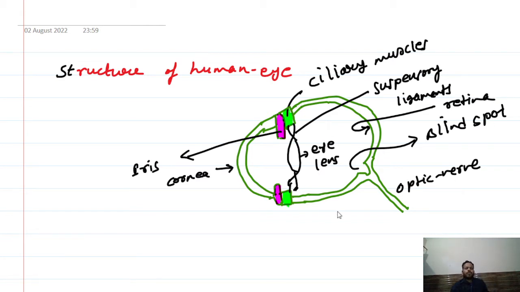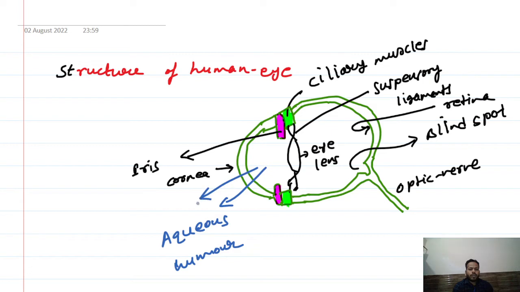Okay, so this is cornea, and the liquid which is present here in between this front part and eye, that is known as aqueous humor.